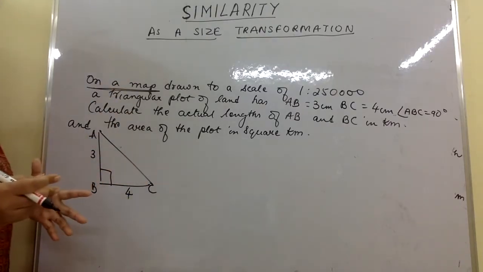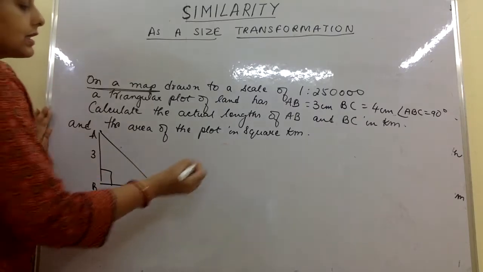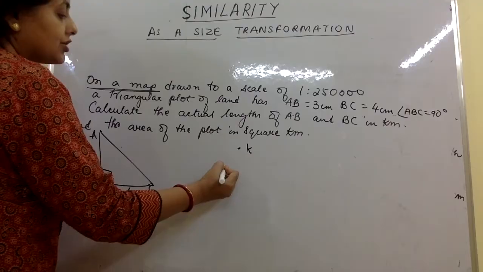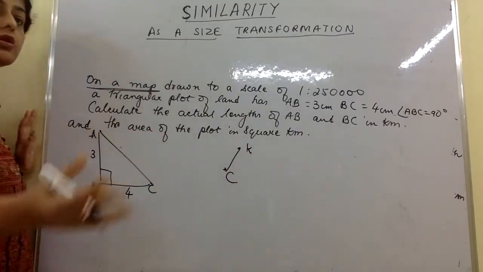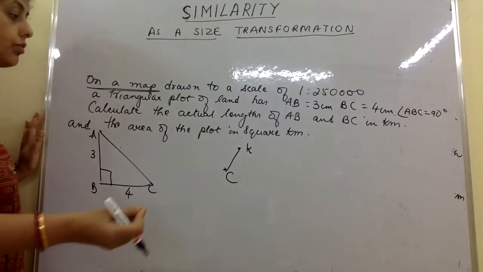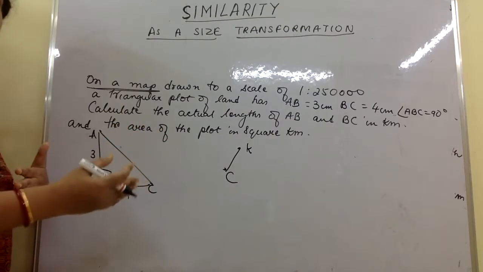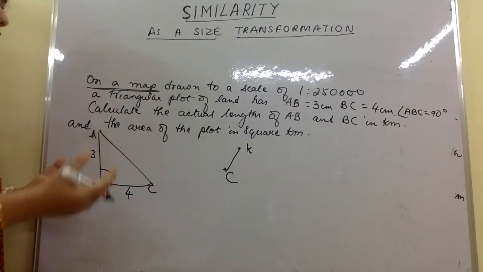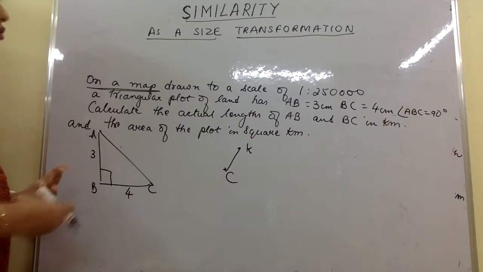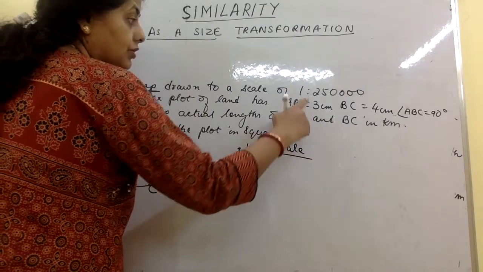Now you will note one thing, whenever we draw a map, if I say the distance between Kolkata and Chennai is a few thousand kilometers, then in a map, what is the distance? In the map there is maybe just 4 centimeters or 5 centimeters depending on the size of the map. At the top right hand corner of the map, you will always find something written as a scale, and that is what this is.